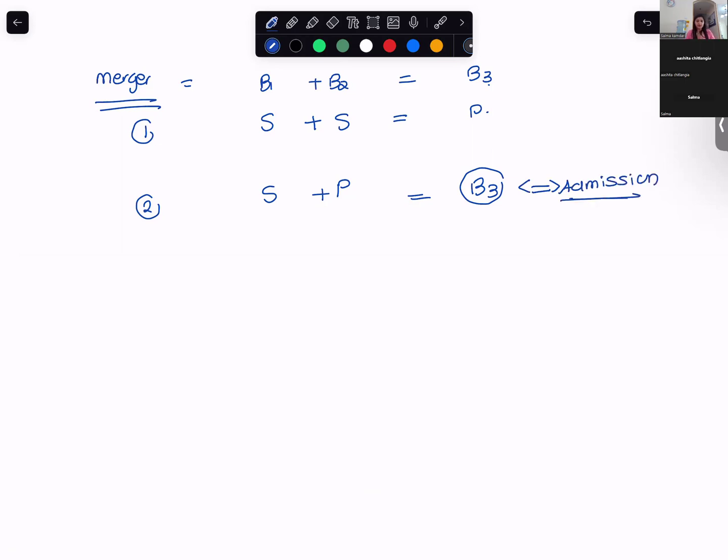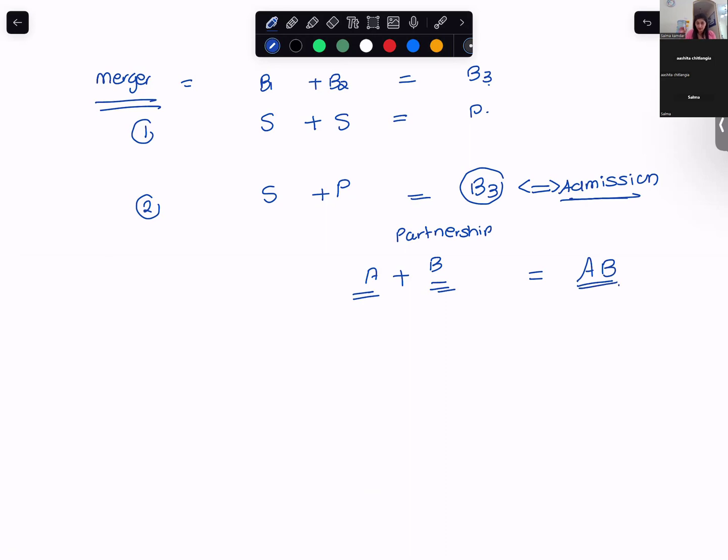Okay, now understand what is admission. It is very important. See, I have partners A and B. This is a partnership firm. So I have partners A and B who are already running a partnership firm named AB.